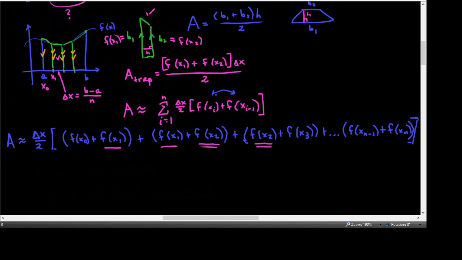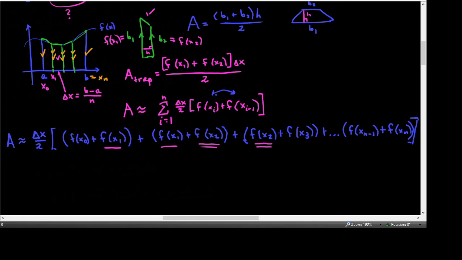The first function output, the first y value, is used only once, and the ending one, this is x sub n, where b is, it will only be used once. So the ends are used once each, but all of the interior ones are used twice each.